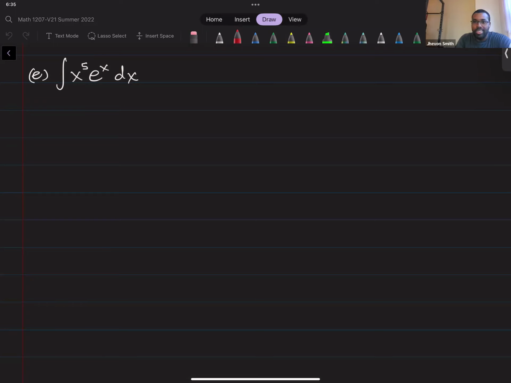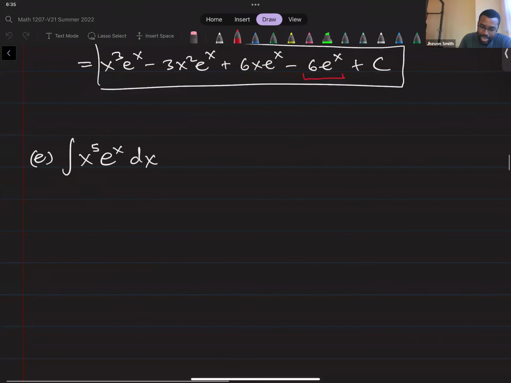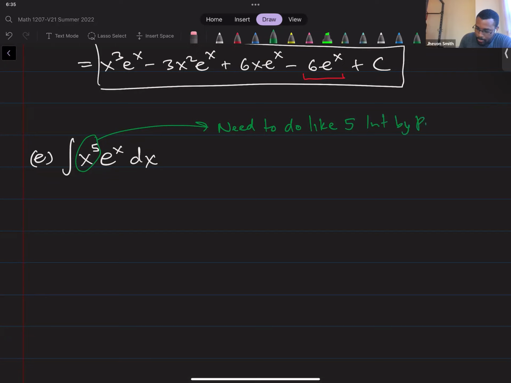So you're just going to dive in and we're just going to do what we did before. Right. So, I mean, x to the 5th means what? We're going to do five integration by parts, right?